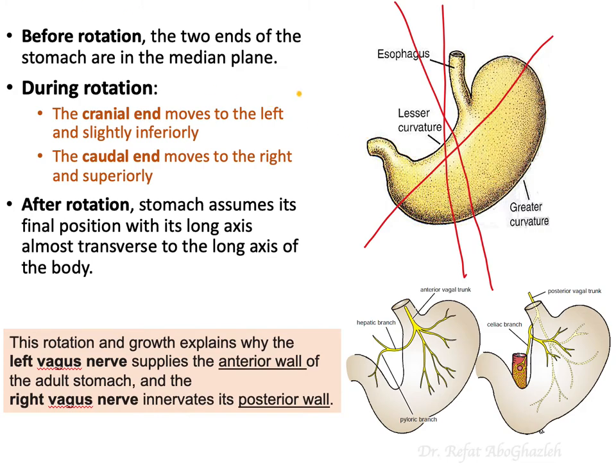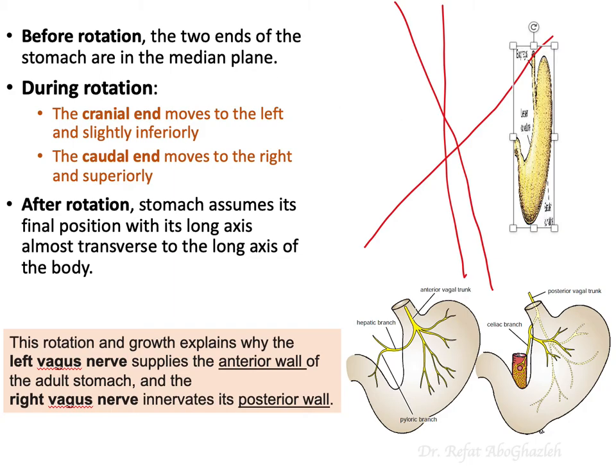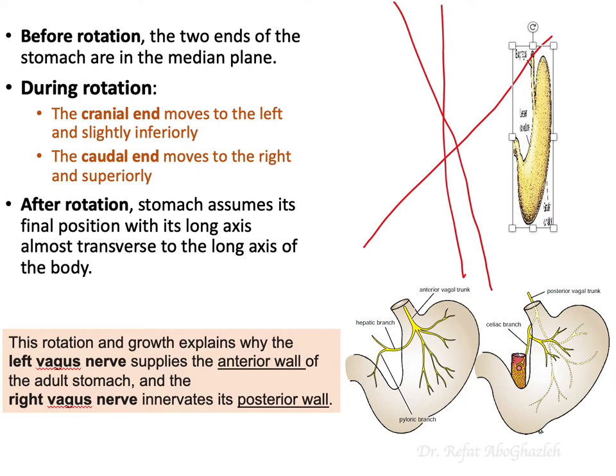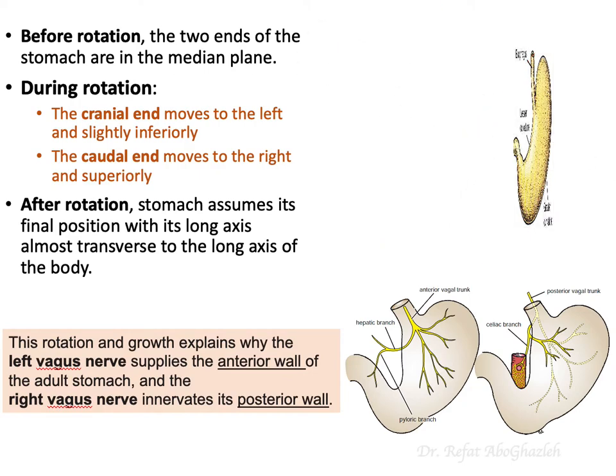So now let me again rotate the stomach back to before rotation. Let us draw the right vagus nerve here and the left vagus nerve here. So this is the right vagus and this is the left vagus. Now with rotation, what will happen? The right vagus becomes posterior.